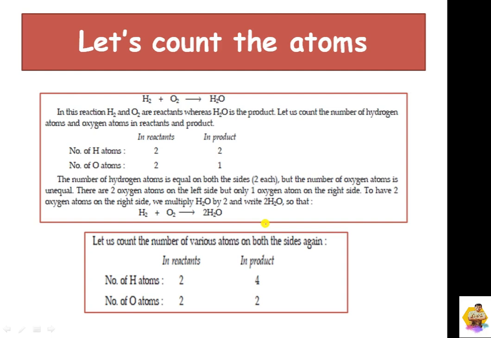If we multiply this H2O with 2, what can we observe? We can observe that the number of hydrogen atoms becomes unequal, but the oxygen becomes equal. So now we have to add 2 on this side as well.